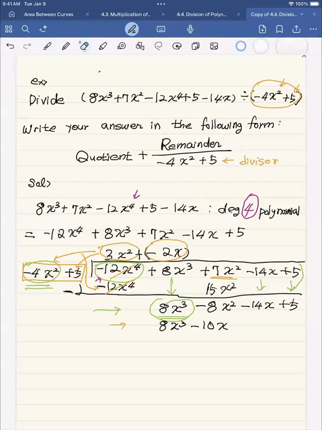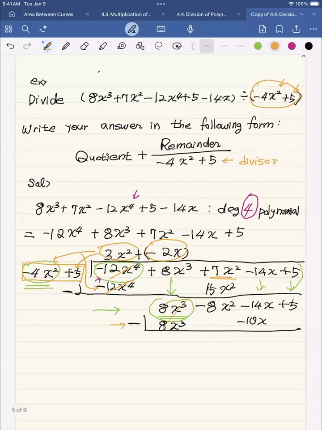But we should locate that right under 14x, so negative 10x because of the degree. And do the same process. We subtract from the first line to the second line.